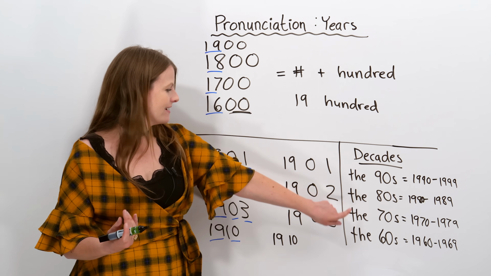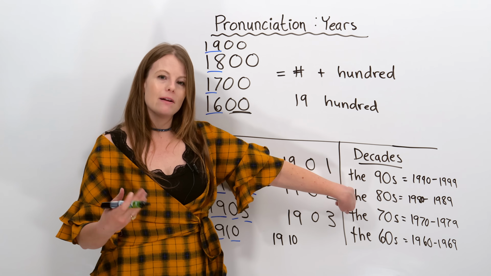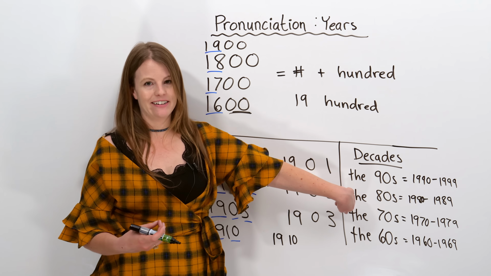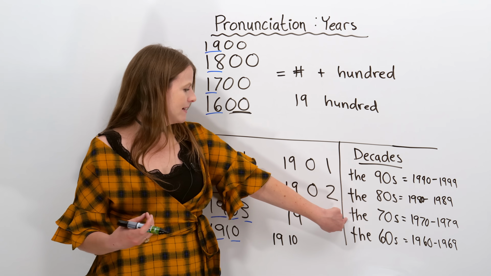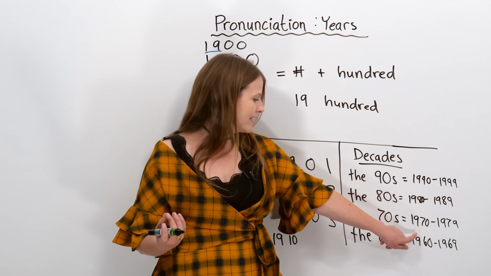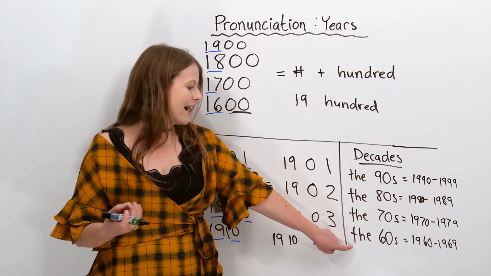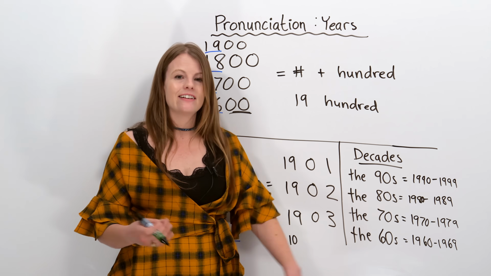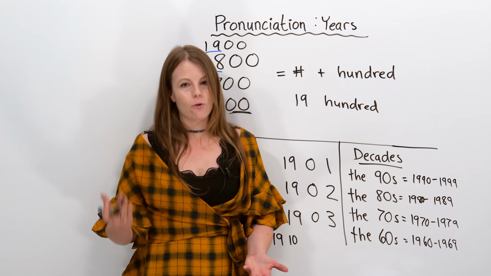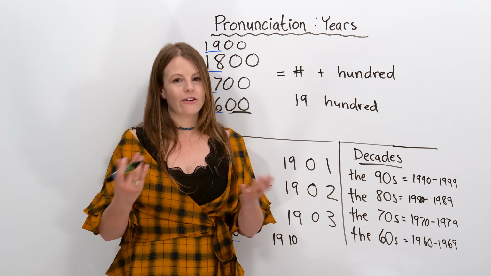Well, this time period is the 80s. Many people like 80s music. Before that, we have the 70s, which is this time period, 1970 to 1979. We have the 60s. We have the 50s, the 40s, the 30s, the 20s, and so forth.